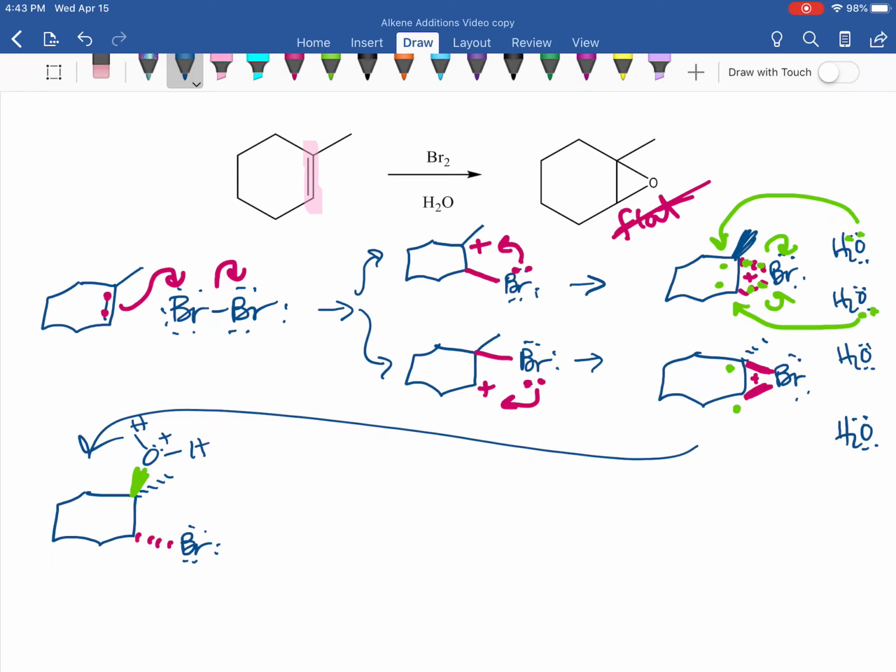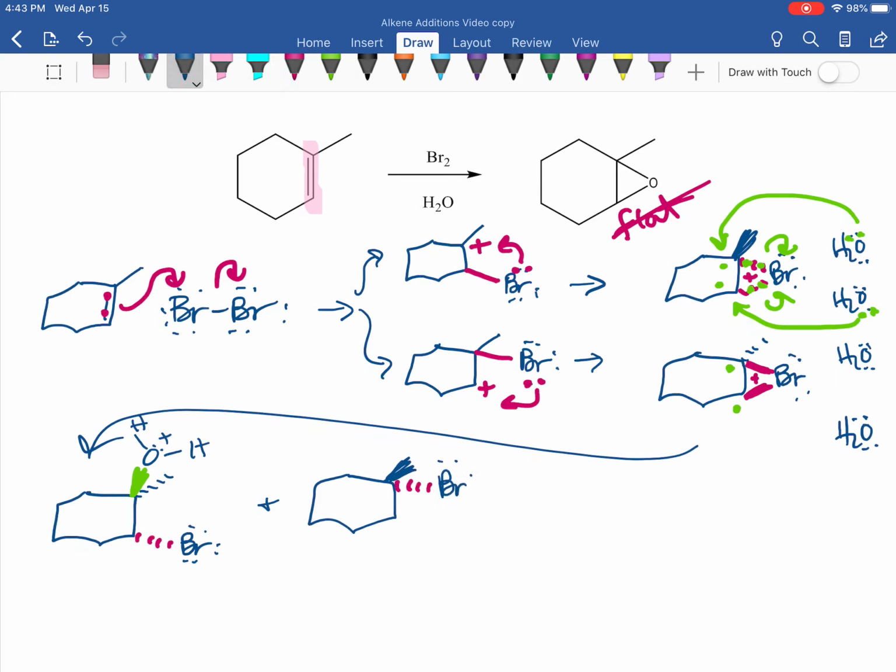Let's put water in here on this bottom one. And let's draw that one out. Let's see how pretty that looks. Hey, I think I'm going to change it up and I'm going to draw them this way. Okay. All right, so if water comes in that way, the stereo center we're going to invert is that bottom one, right?